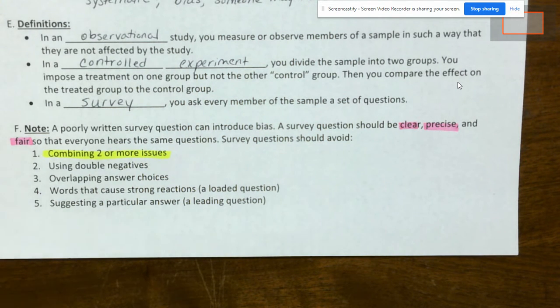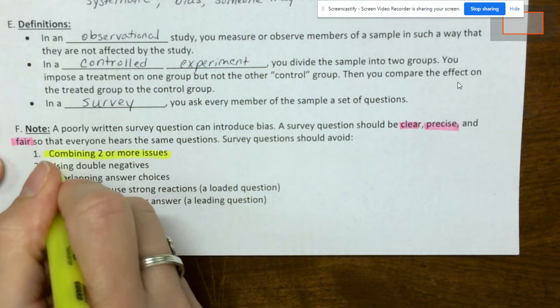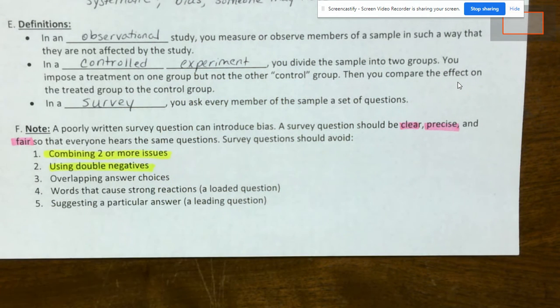Okay, so another thing you want to avoid is using double negatives. If you were writing a question with a double negative, it might be something like, isn't our school not aware of the current issues students face?